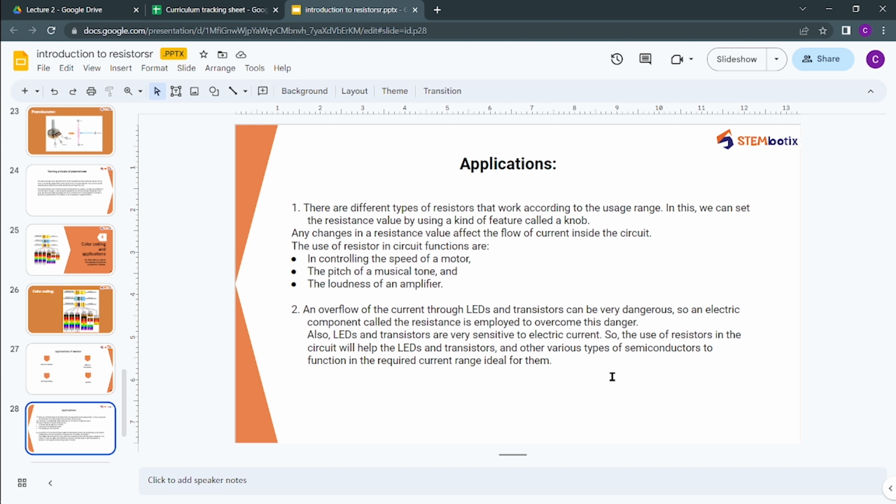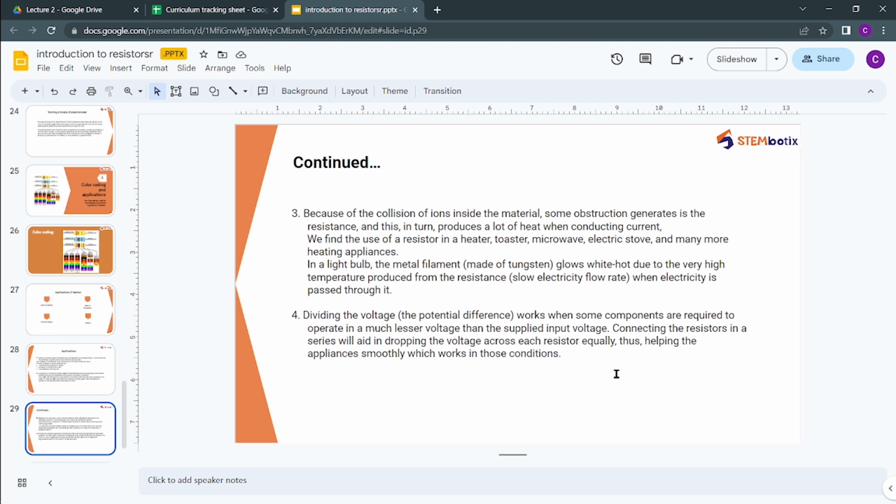Now the third one is to use a resistor as a heating element. Now you all know that whenever current flows through a device or component, say a resistance, it will produce heat. So this production of heat, you can use in some advantageous role.